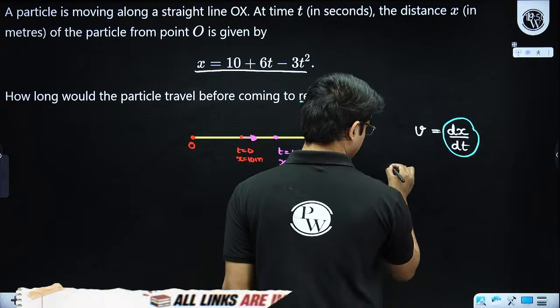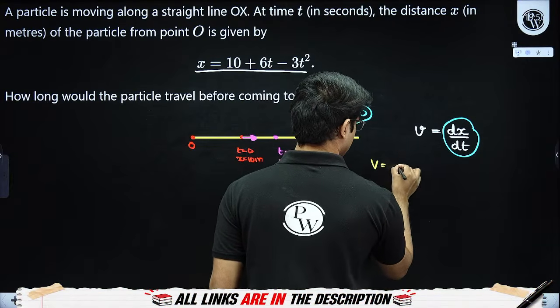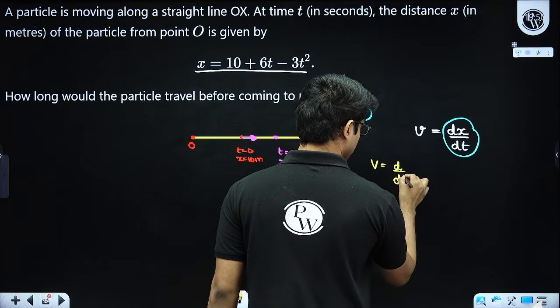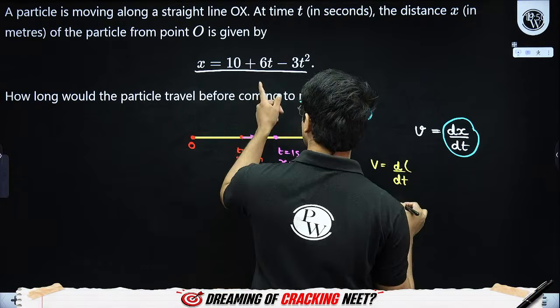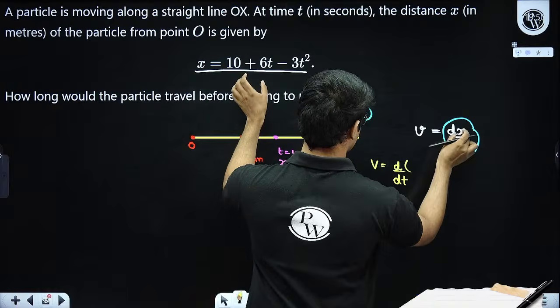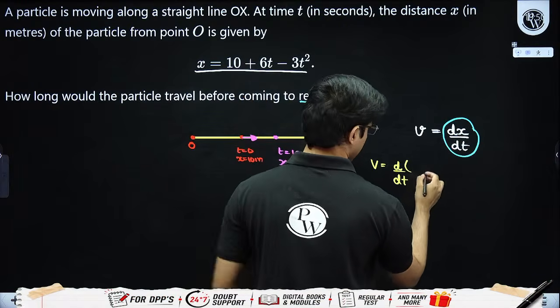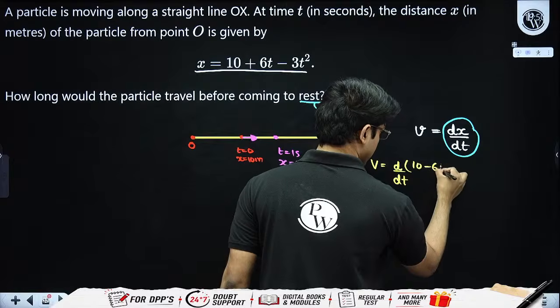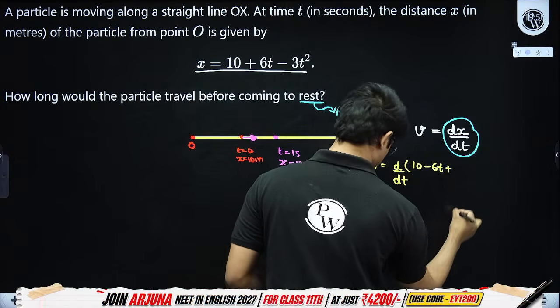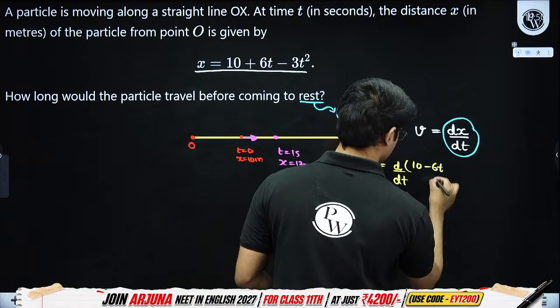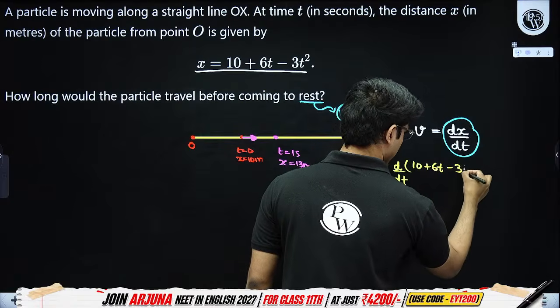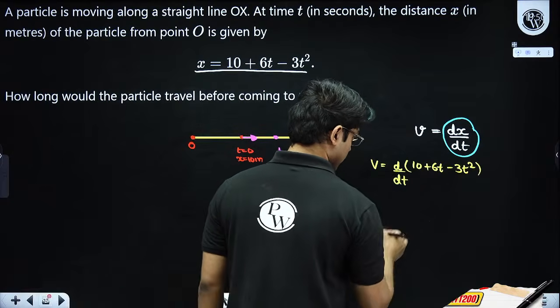So how we do it is, d by dt of, just put x here, put this thing. So it will be 10 plus 6t minus 3t square, okay? So we have to differentiate this.